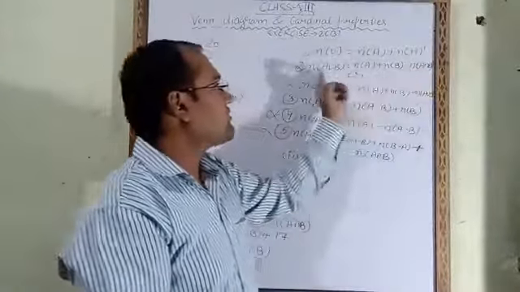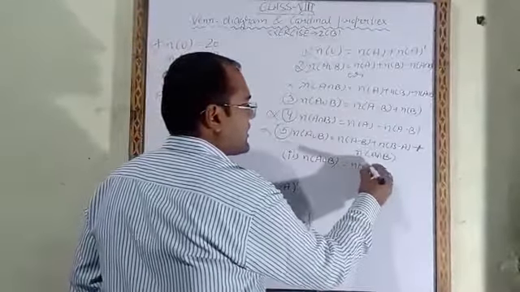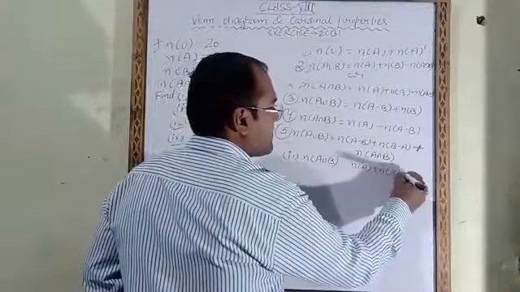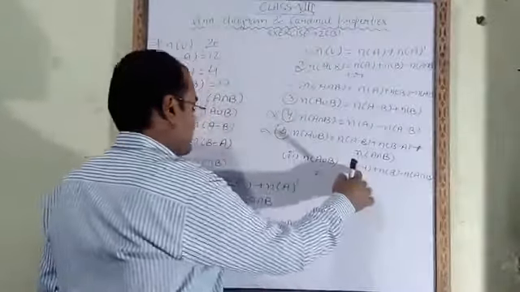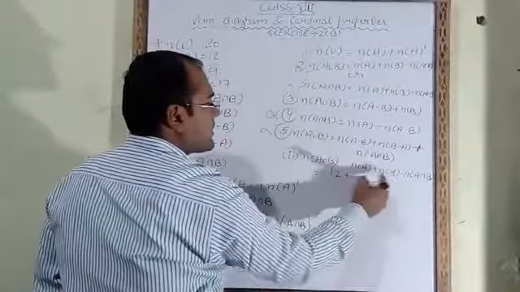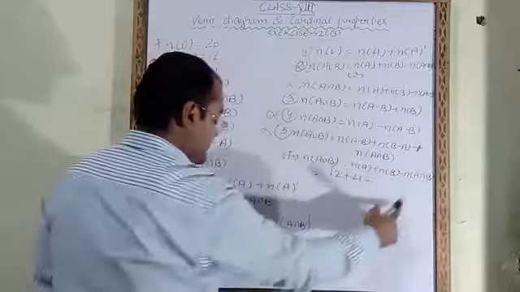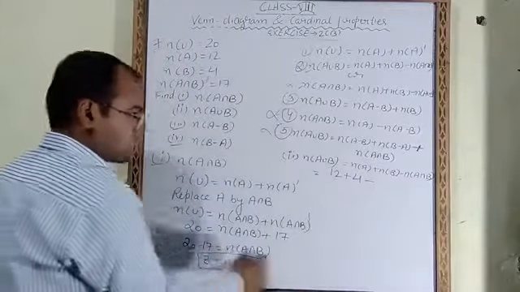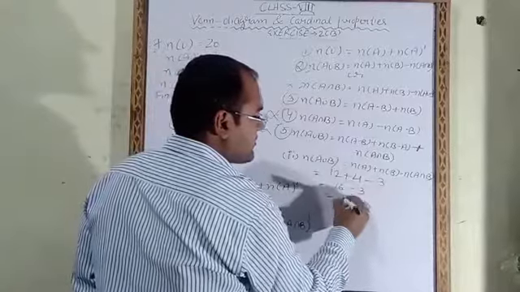So we can use this formula. Formula is n(A union B) is equal to n(A) plus n(B) minus n(A intersection B). n(A) is 12, n(B) 4 minus A intersection B is 3. 12 plus 4, 16 minus 3, answer will be 13.